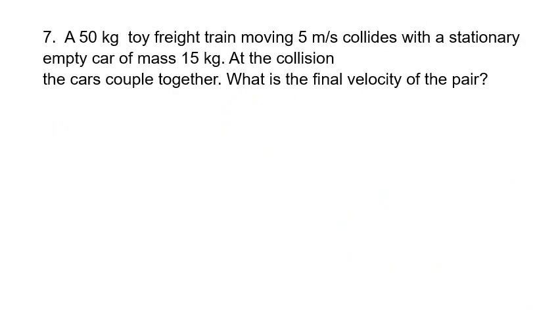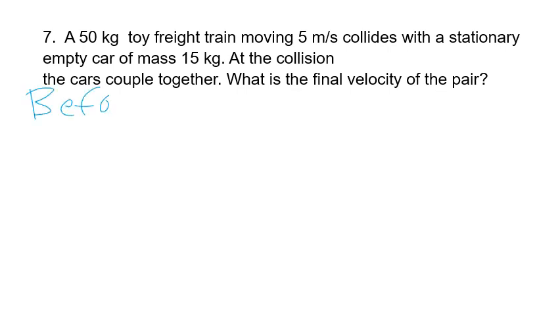So we've got a toy freight train, and it's moving at 5 meters per second, and it collides with a stationary empty car. Now, at the collision, they stick together like train cars do. It's called coupling. What's the final velocity of the pair? Remember, momentum is conserved. So momentum before equals momentum after.